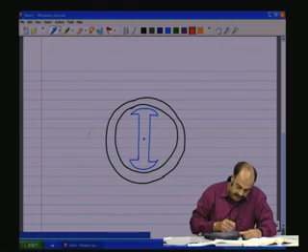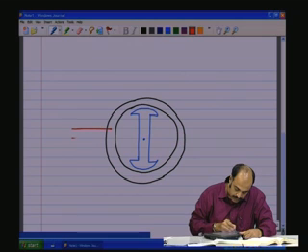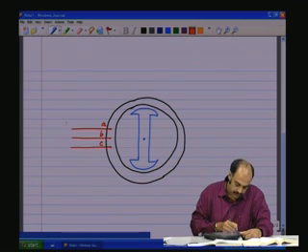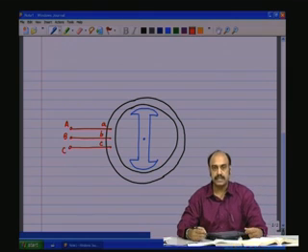Now, as far as the stator is concerned, we provide the three-phase AC source, the A, B and C, from a three-phase AC source or three-phase AC mains.